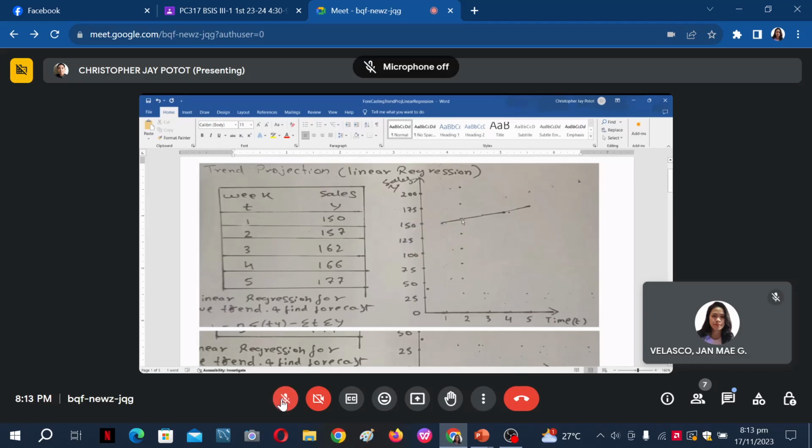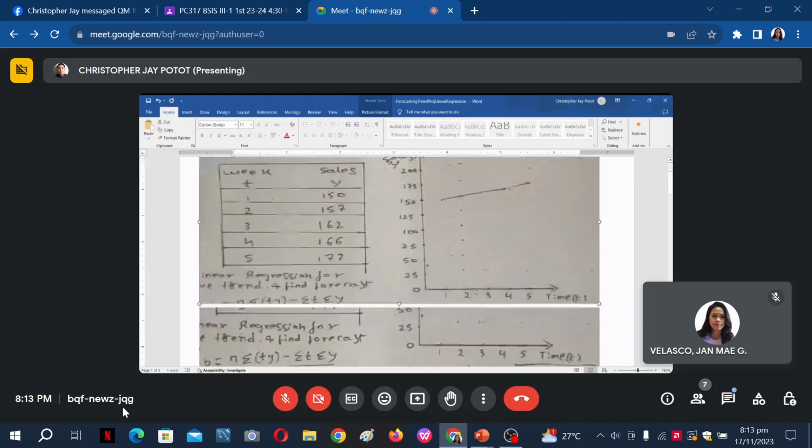Week one has 150, so the point goes here; week two has 157, so around this area; the third week is 162, and week four is 166, and so on and so forth. Once we connect the data points, this is the regression line, or we can say the slope line.